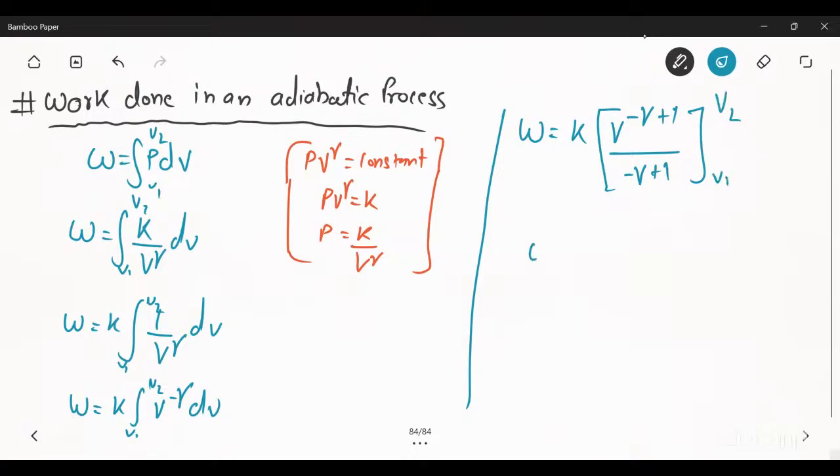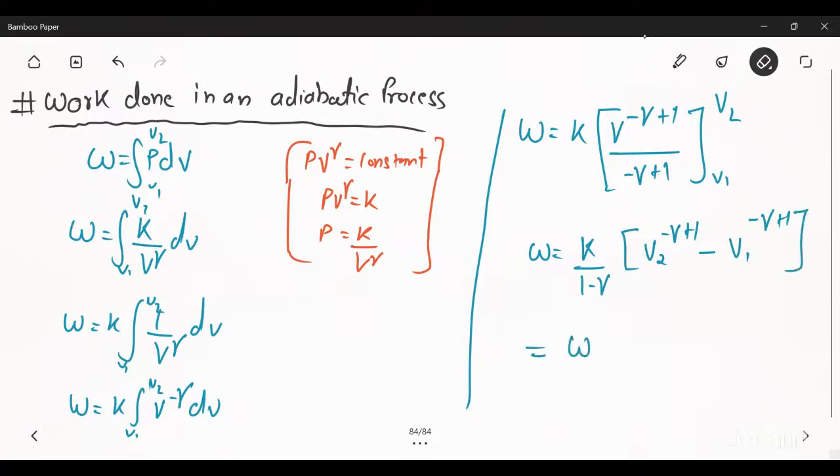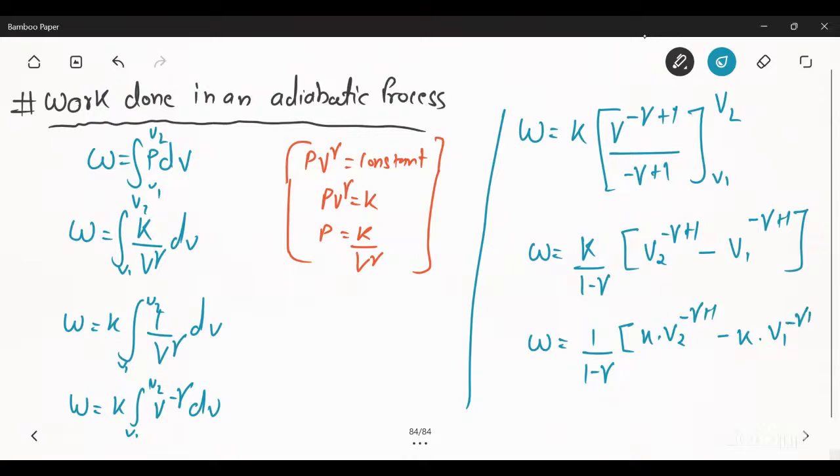So W is equal to K upon 1 minus gamma times V2 to the power minus gamma plus 1 minus V1 to the power minus gamma plus 1. If you multiply K inside, you will get W is equal to 1 upon 1 minus gamma times K into V2 to the power minus gamma plus 1 minus K into V1 to the power minus gamma plus 1.